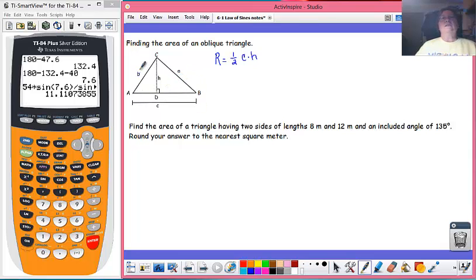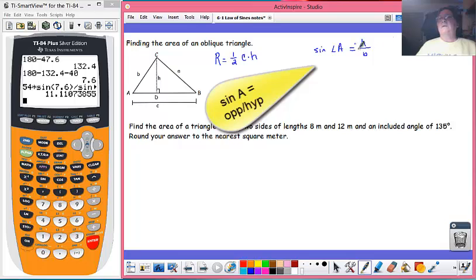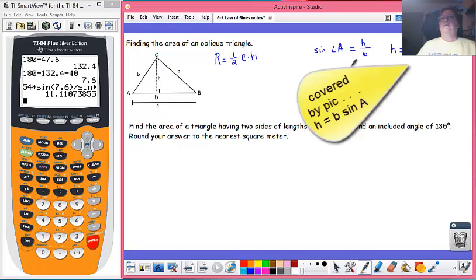That is, if we knew even how long this side was and we had this angle, we could find that h, because we could use our SOHCAHTOA trig in this little right triangle and realize that the sine of angle A over there has to be h over b, and if we wanted to know a value for h, multiply both sides by b, h has to equal B times sine A. Well, that's very convenient.